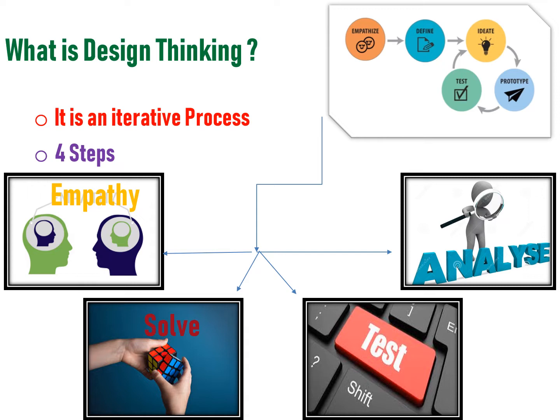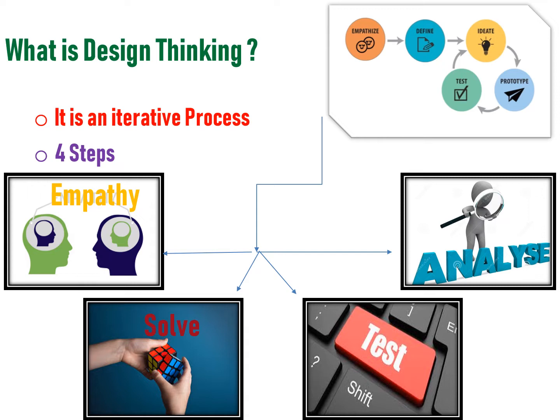Design thinking is an iterative process and it has four essential steps. If you look in literature, you can find in many ways that design thinking is a five-step process: empathy, define, ideate, prototype, and test.